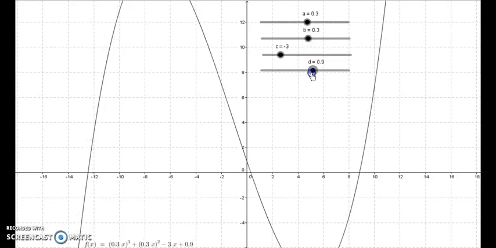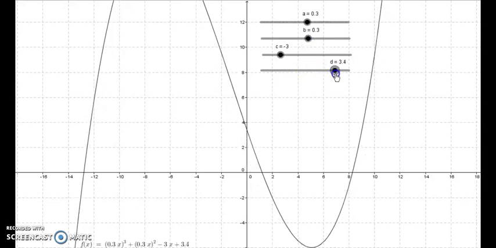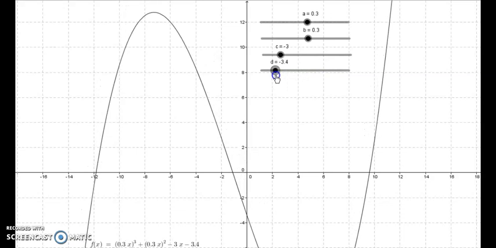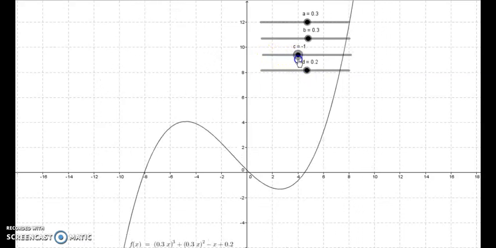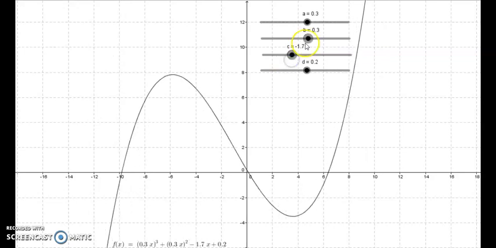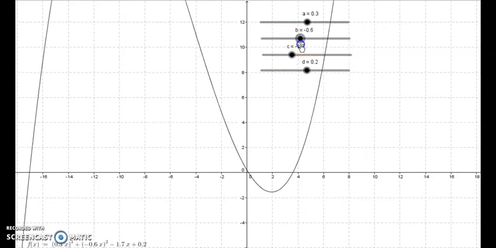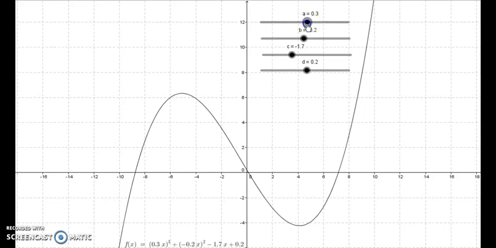What happens to the graph when a d value is added to this equation? I can see the movement of the graph in different aspects and ratios depending on the information that I have at my disposal.